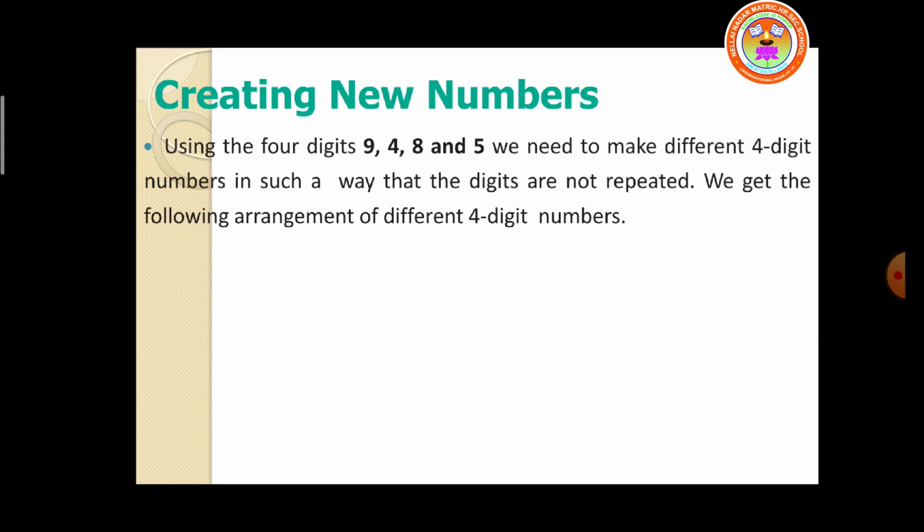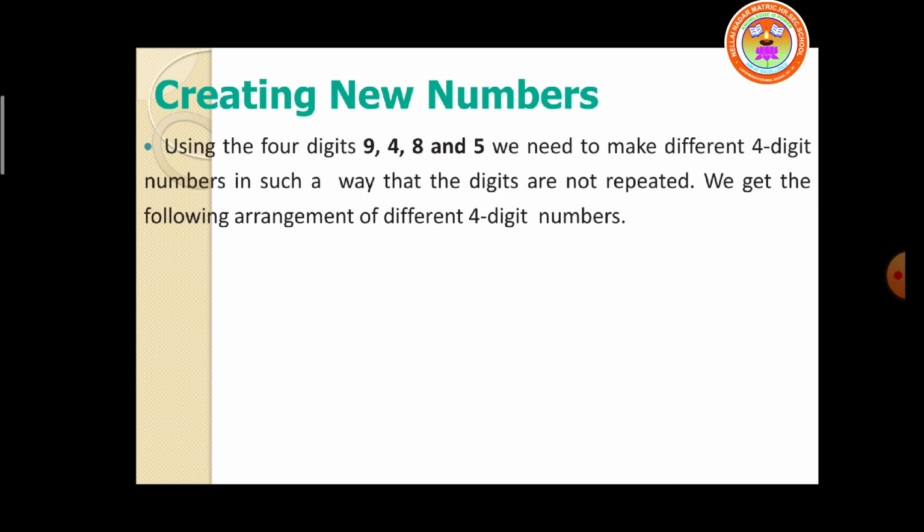See, what do you understand from these lines? They have given a 4-digit number. What are the numbers they have given? 9, 4, 8 and 5. With this 4-digit number, how many different 4-digit numbers can you form? Are you clear with the question?